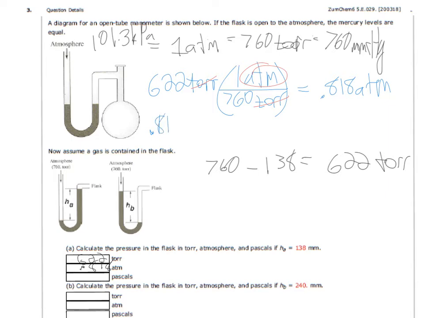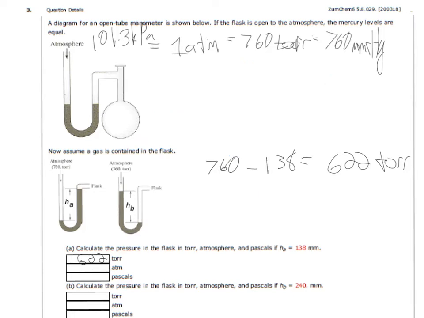If we know that 0.818 atmospheres is the pressure, and we know from our equivalent statement above that 101.3 kilopascals is equal to 1 atmosphere, we want to make sure that atmospheres is on the bottom of that conversion factor so that atmospheres crosses out.